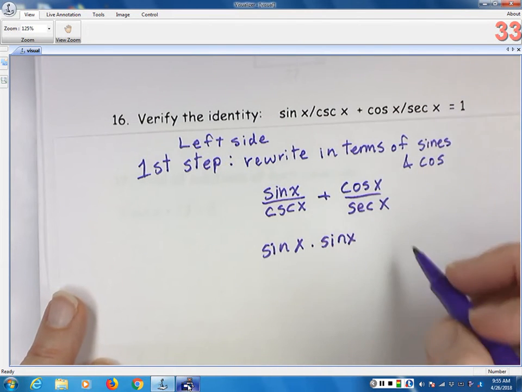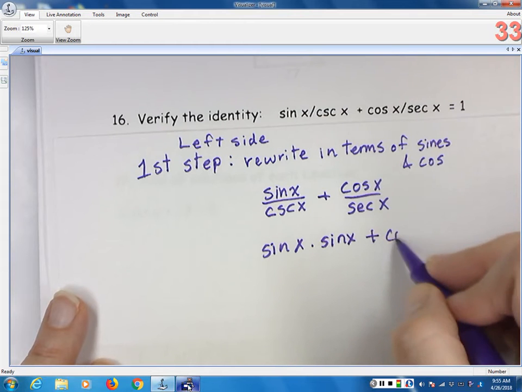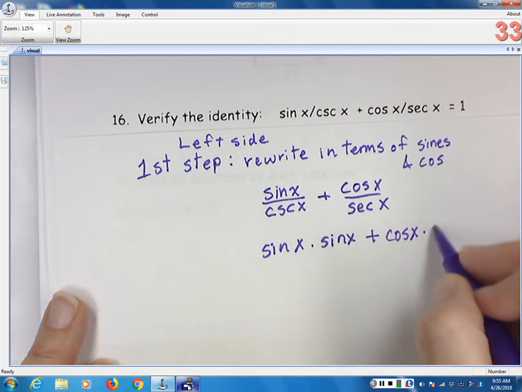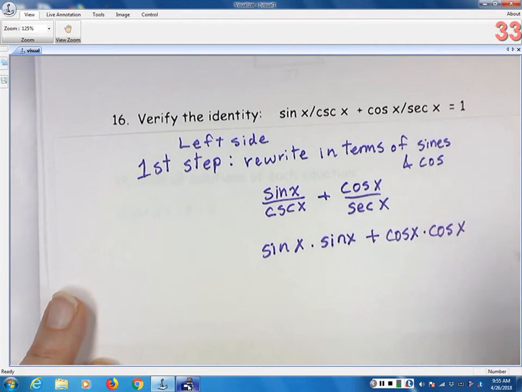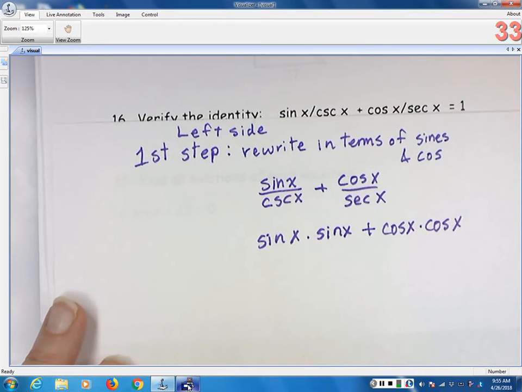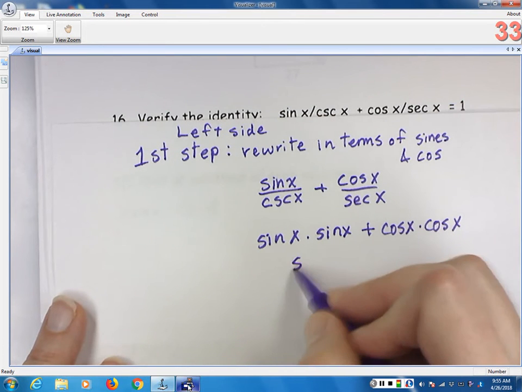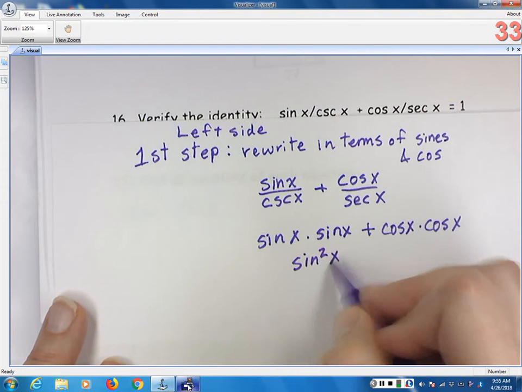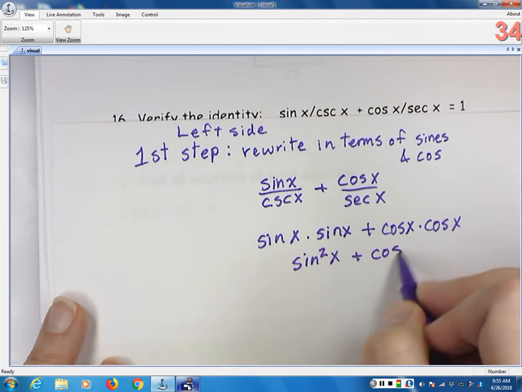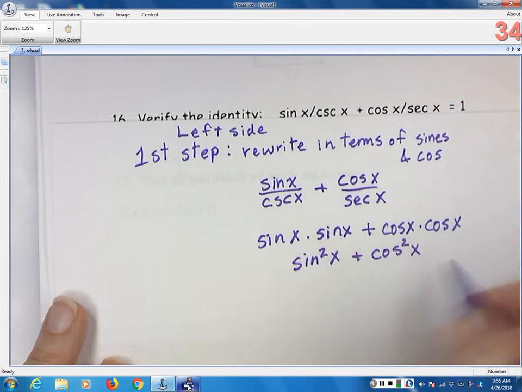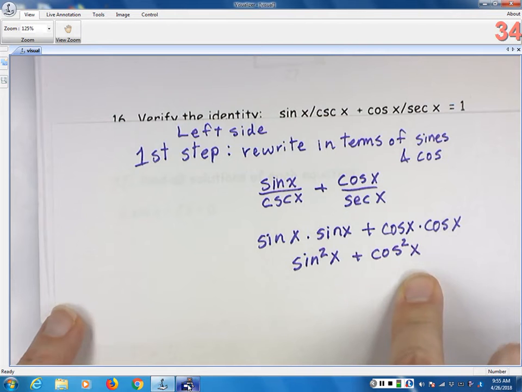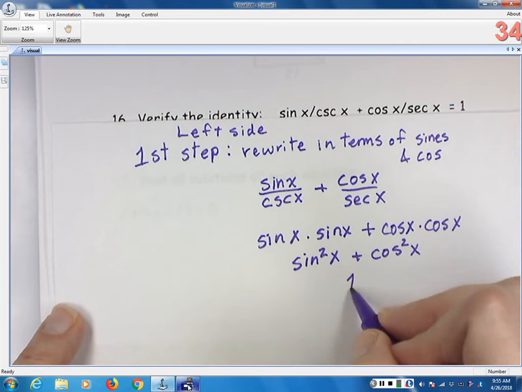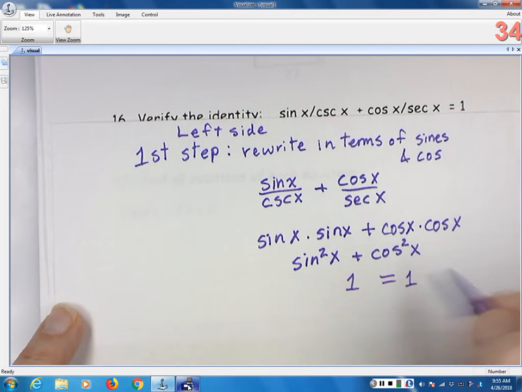Secant is 1 over cosine. Cosine x times cosine x. And we get sine squared x plus cosine squared x. And the angles are the same, so this equals, by the Pythagorean identity, 1. And so that's verified. So that's your first step.